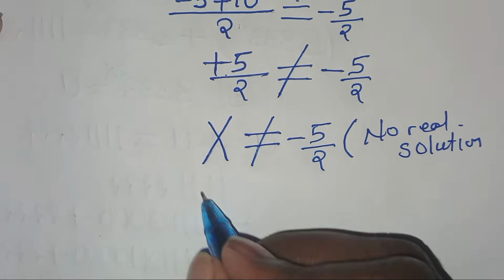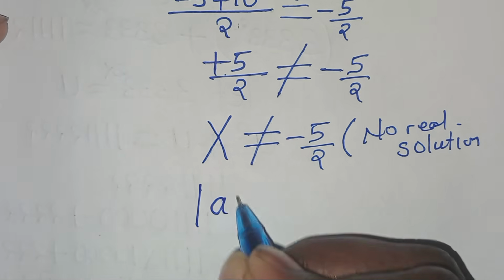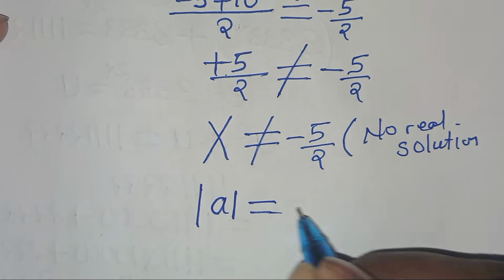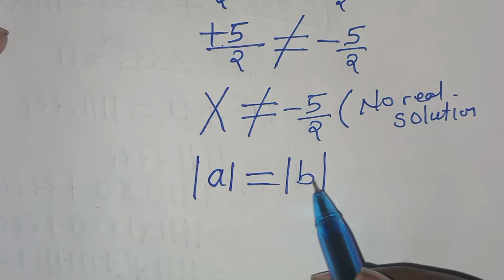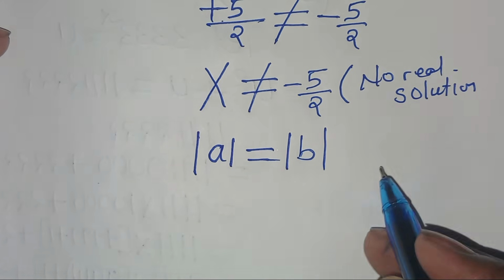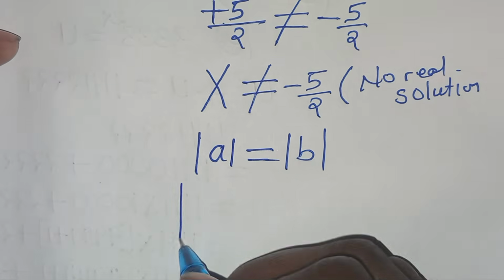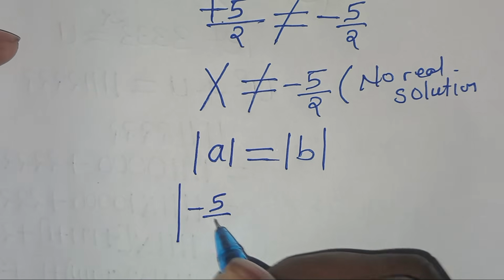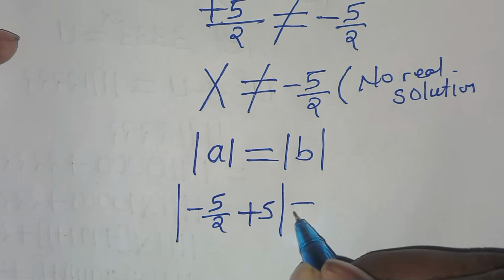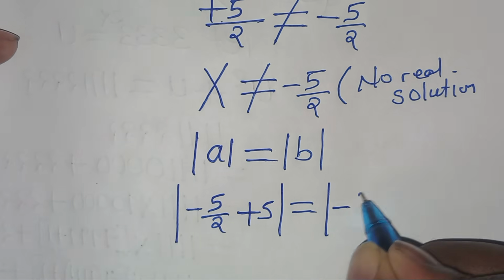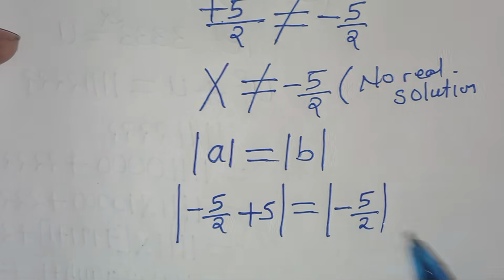But now if we have the magnitude of A equal to the magnitude of B, or the absolute value of A equal to the absolute value of B. This means that negative 5 over 2 plus 5 is equal to the absolute value of negative 5 over 2.